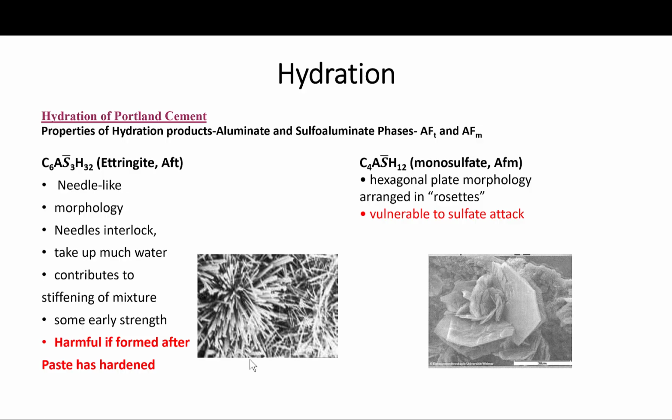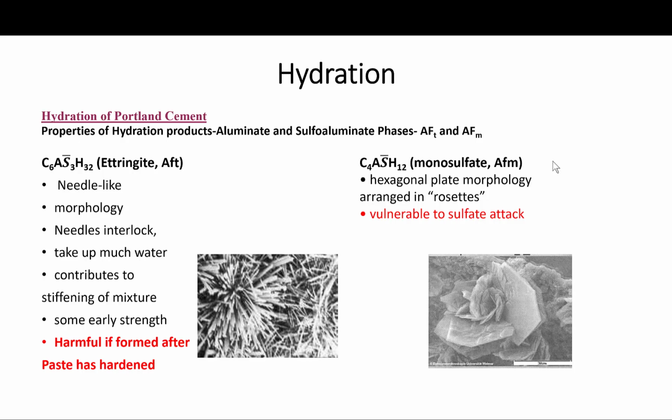In paste of ordinary Portland cement, ettringite eventually transforms to the monosulfate hydrate phase I'm showing here, which is C4AS̄H12. These form hexagonal plate crystals.